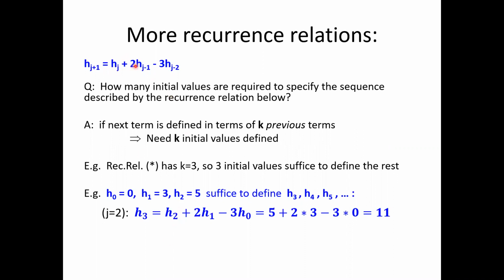This is 2 times H1, it's here, minus 3 times H, this is j minus 2, sorry, j is 2, so this is a 0, right? So each of these is defined by the base case, so I just stick them in, and I have this formula, right?